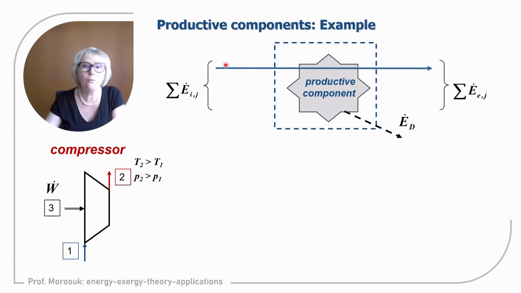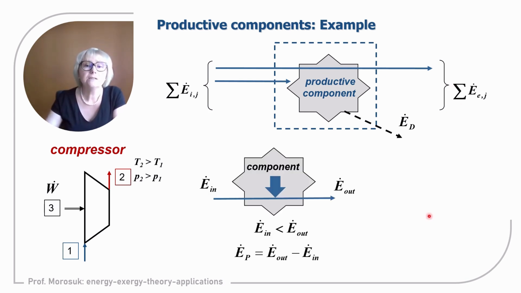Therefore, we have one material stream. It can be any working fluid going through the component and being compressed from state 1 to state 2. And for the compression process, work is supplied. Only supplied. So full work is supplied to the component and there is no outgoing stream associated with work. Using previous discussions, stream 1-2 is the product because exergy is increased.